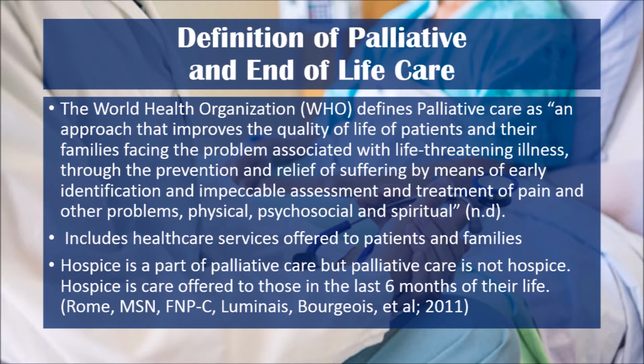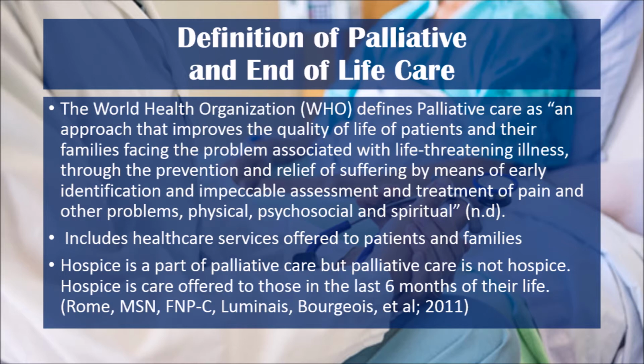WHO states that palliative and end-of-life care provides support systems for patients and family members to cope during the patient's illness and personal bereavement, and to support them and help them grieve. This type of care uses a team approach for patients and families for counseling and bereavement.